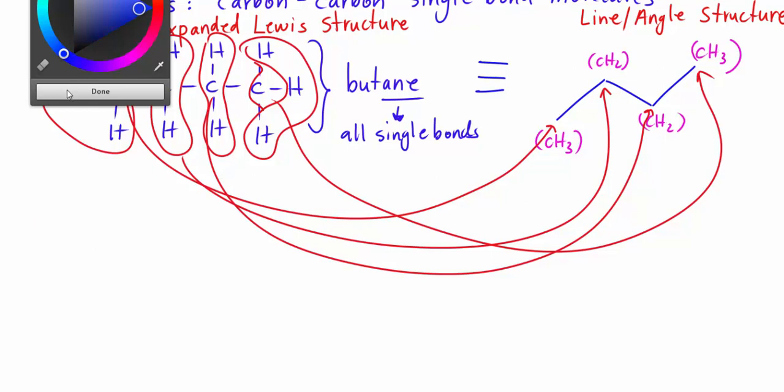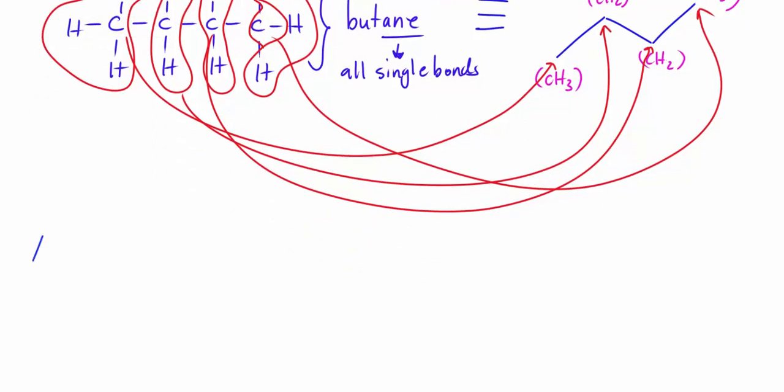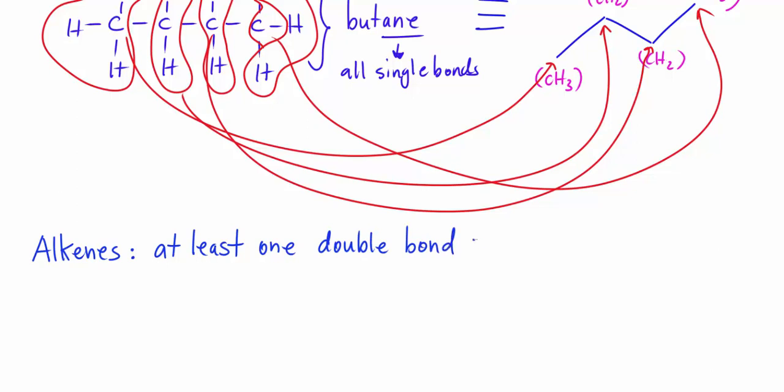So when we look at alkenes, alkenes are going to have at least one double bond, and the fact that it has one double bond implies two sp2 hybrid carbons.